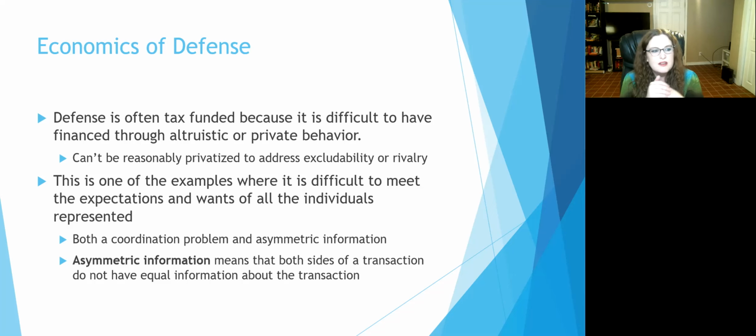We also have this idea of asymmetric information within these different economies of public defense. Asymmetric information just means that both sides of a transaction don't necessarily have equal information about the transaction. If we pay our taxes, we don't necessarily know when that goes to the U.S. military how it's going to be spent, what exactly it's going to be spent on, what sort of missions they're doing, or what sort of security protocols, goals, or things there are.